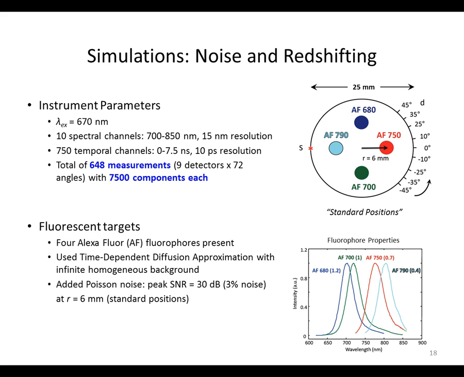I'm using these Alexa Fluor dyes in this position, and notice that I'm placing the ones that are most similar to one another directly across from each other, which means that they're going to appear often in the same measurements, which tends to make the problem a little bit more challenging.